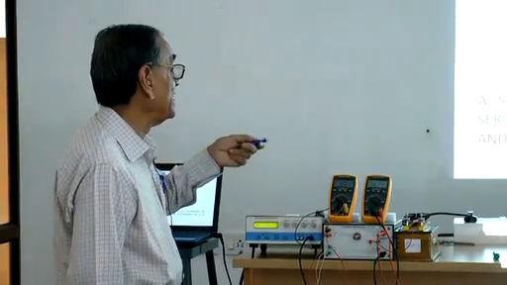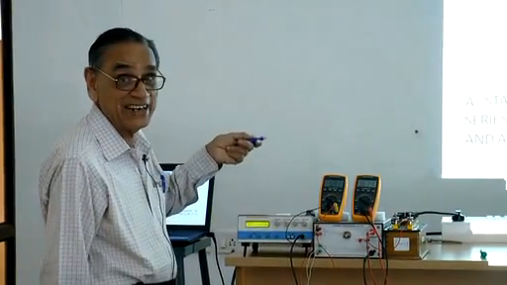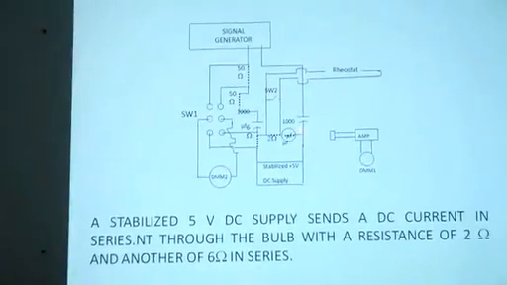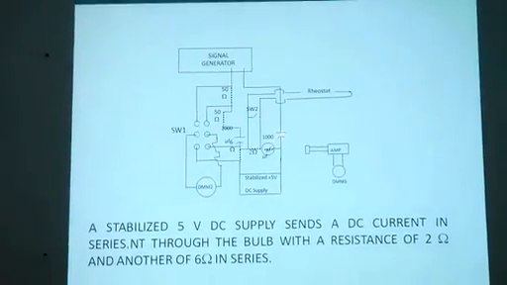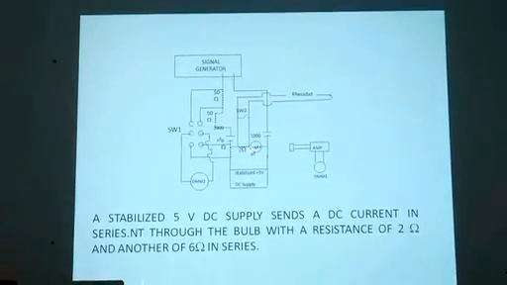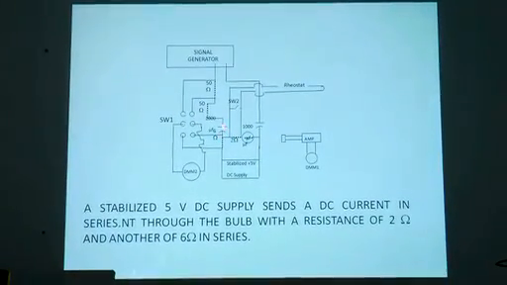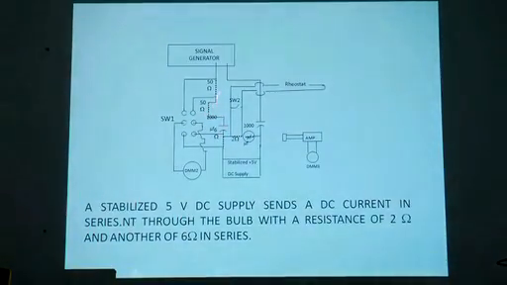This signal generator will send a current through the 1000 microfarad, the bulb, 2 ohms, 1000 microfarad, 50 ohms back. The 2000 microfarad capacitors prevent the DC voltage from coming to the signal generator.